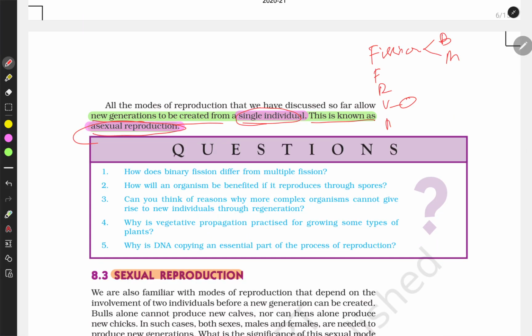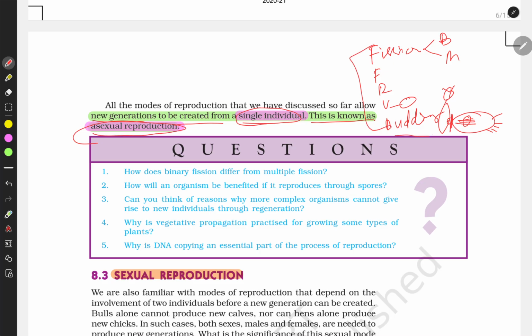And we have also studied budding in Hydra, where small buds form, rapidly differentiate and grow, and on maturation detach from the original parent. This is how budding also forms new individuals.